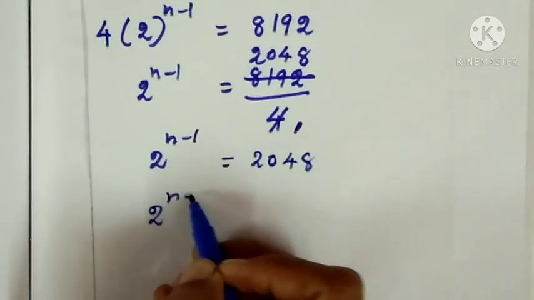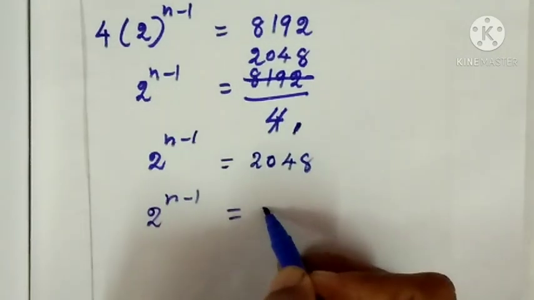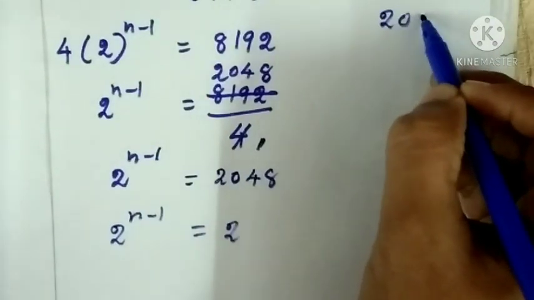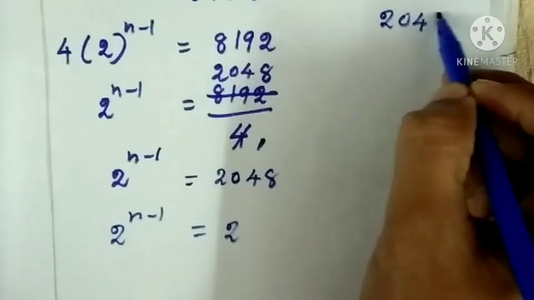That is 2 power n minus 1 is equal to 2 power, take L-shape division for this number, 2048.